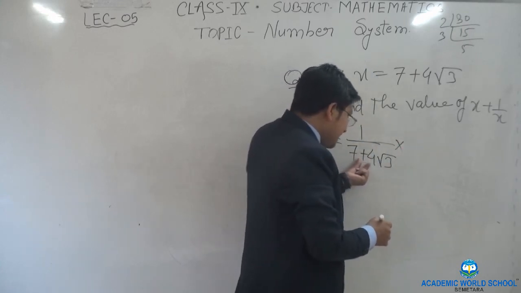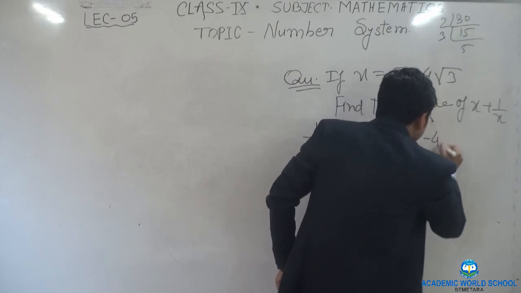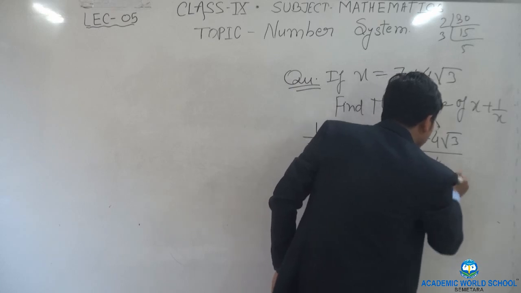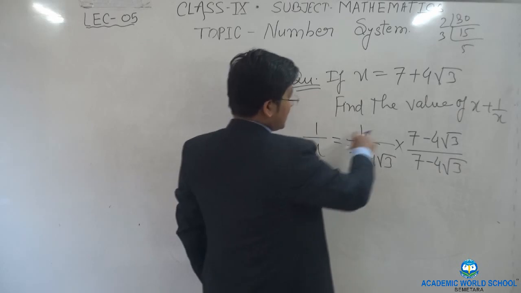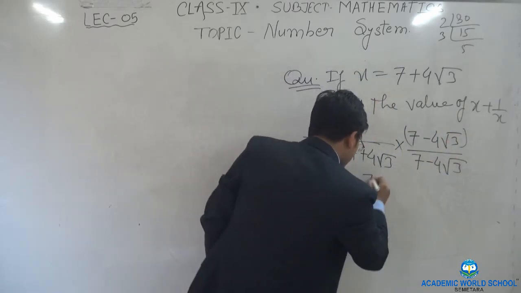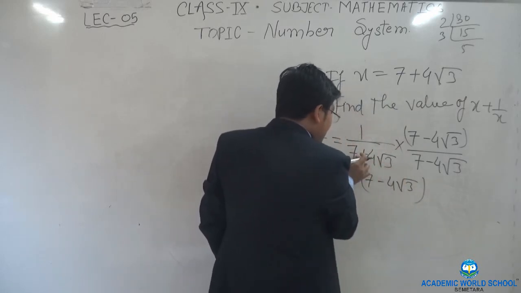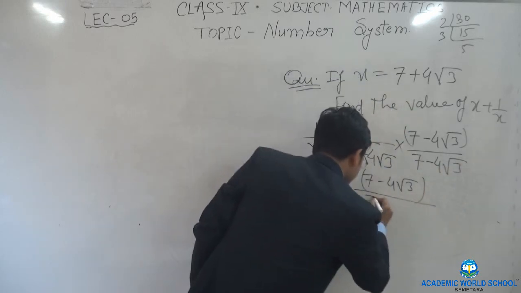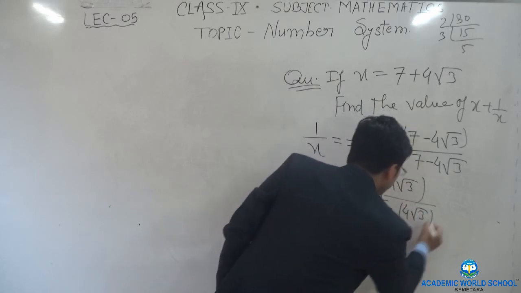Multiply the numerator and denominator by 7 minus 4 root 3. Now 1 into any item is the same item, 7 minus 4 root 3. And the denominator is of the form a plus b, a minus b, so a square minus b square: 7 square minus 4 root 3 square.